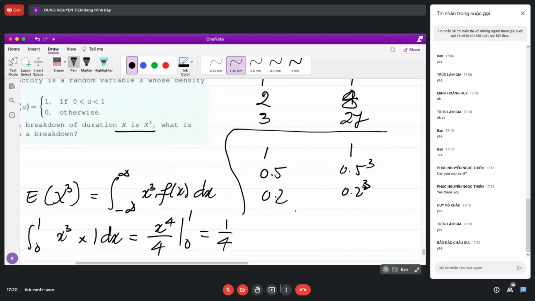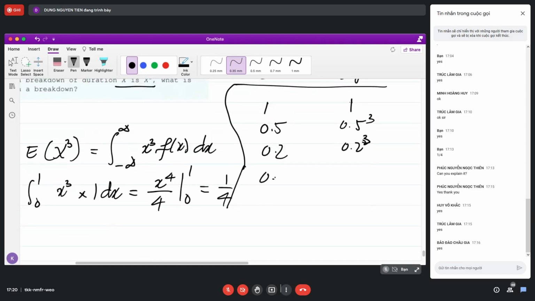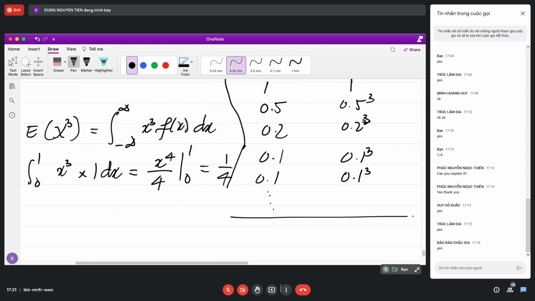Understand? Do you understand what I'm saying? Yeah. And then 0.1, for example, and then you get 0.1 to the third. 0.1 means you have what is that? 6 minutes, right? And so on. All right, and then you come up with the average value. You find the average value of all these numbers.